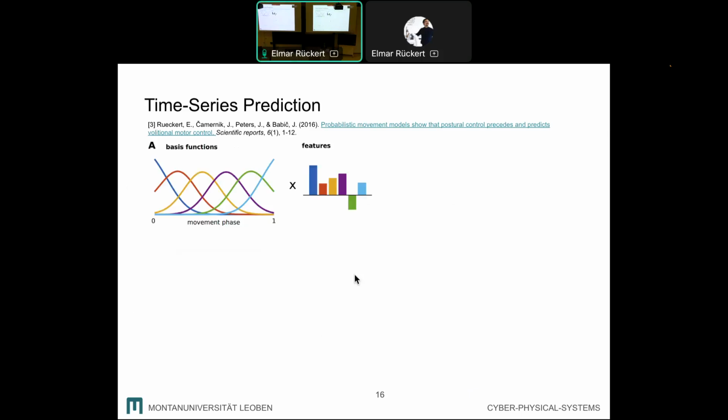Here I show you a model, the model that was used in this research. So in machine learning, we talk about models, always. Every week we talk about models. Now I show you some model. You see here, the first plot shows some Gaussian functions. We call these functions basis functions because they are also something that we decide early on. We say, let's use these kind of functions because they work best for us.